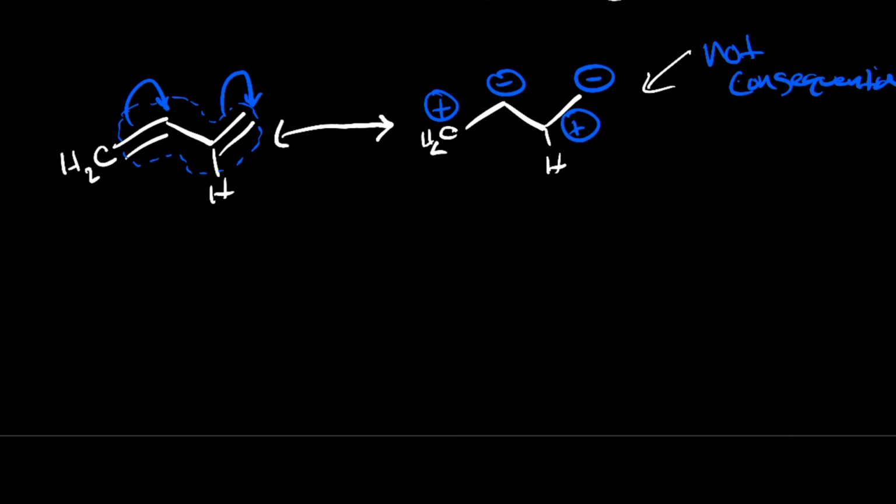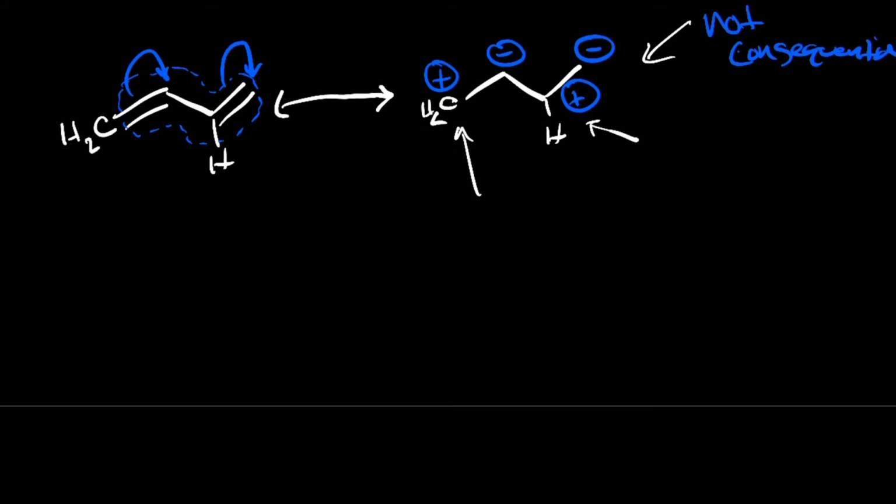Now, the reason why I can say that this is almost certainly not a relevant structure is, again, I've broken my octet rules here, and I broke an octet rule here. You find the octet rules are really hard to break, and if you break them, you typically generate something unstable, okay? So something to consider is what happens if you have, say, an ether, right?